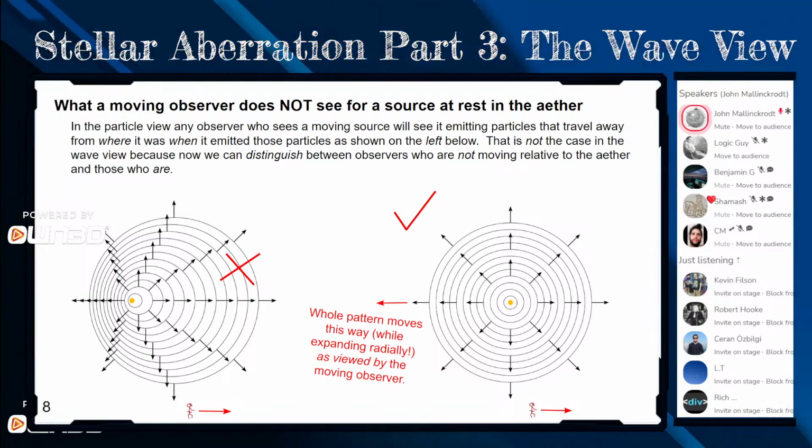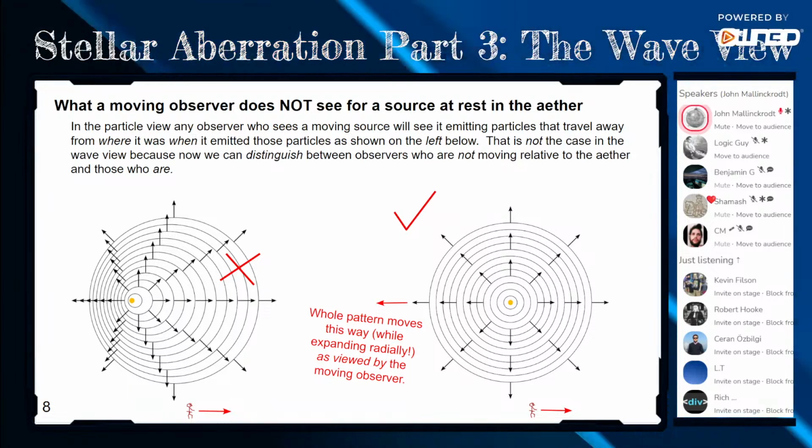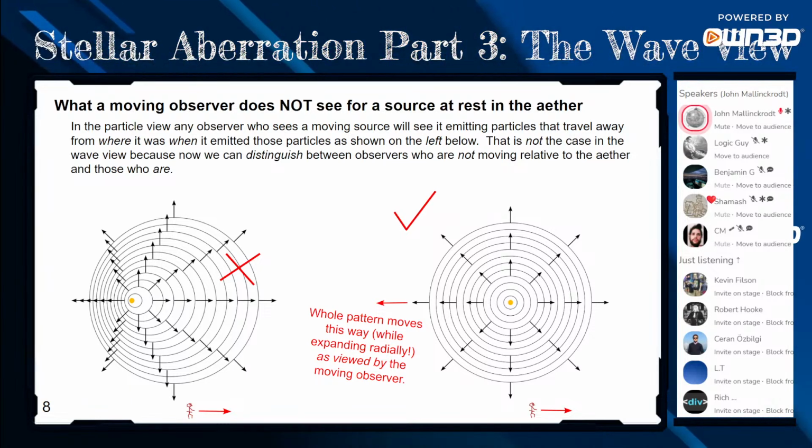So you're going to get a kind of skewed thing like that picture on the left, if you thought that was the case in the wave situation, but it's not. If you're a moving observer, it doesn't change the fact that all of those wave fronts are concentric circles. They can't bunch up like that. And so what you're going to see is really what's shown on the right.